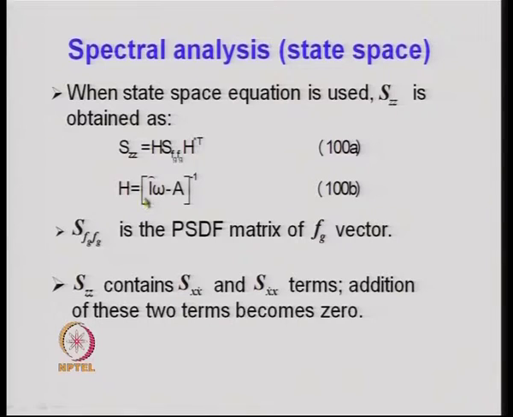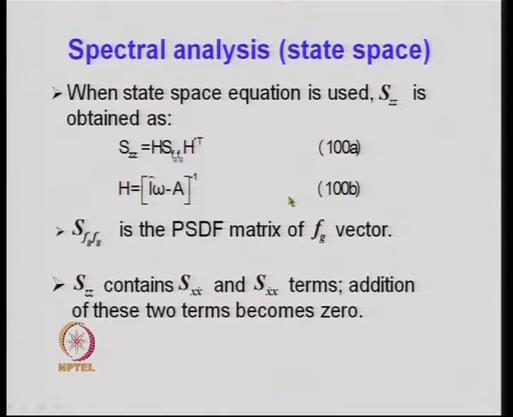It is written as I cap, an identity matrix of size 2n by 2n, times omega, the frequency, minus the A matrix, again 2n by 2n. If you recall, the equation in state space is z dot equals Az plus fg. A is of dimension 2n by 2n, z is of dimension 2n by 1, and fg also is a vector of 2n by 1.